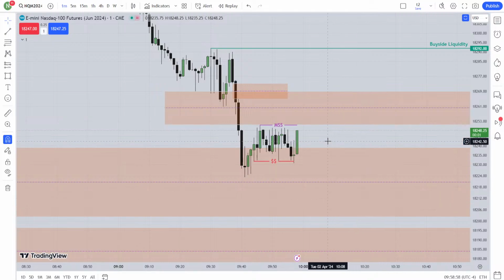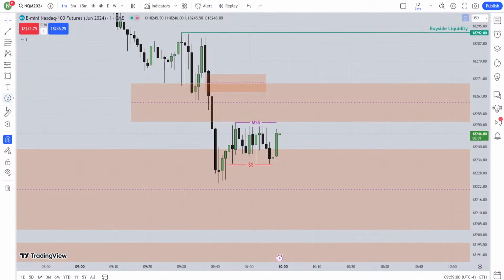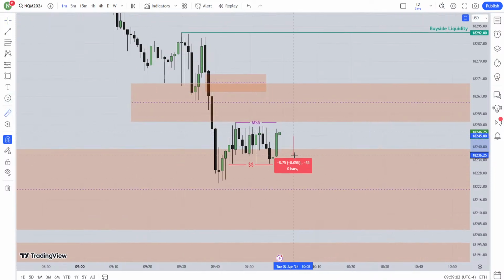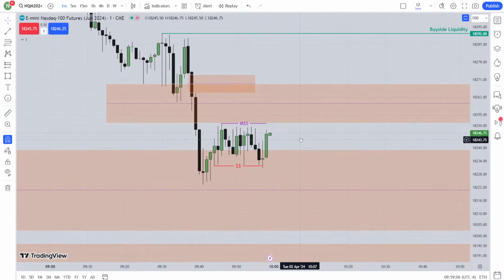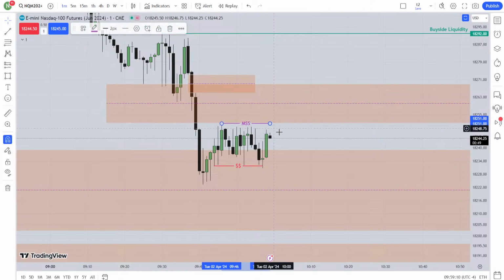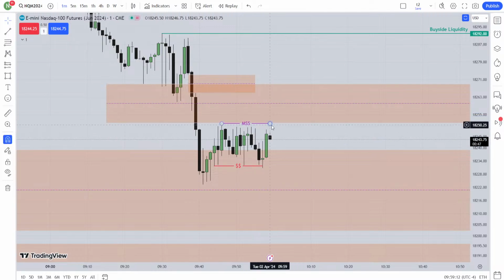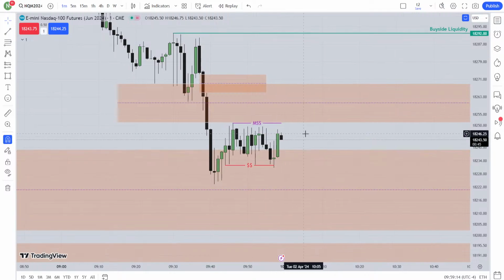If this candle fails to go above that high, then this setup is not valid.